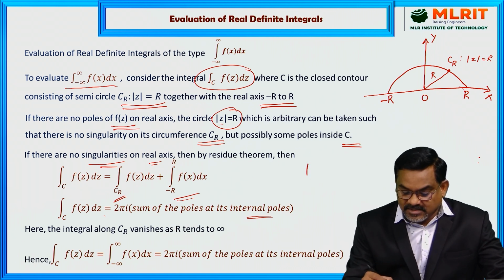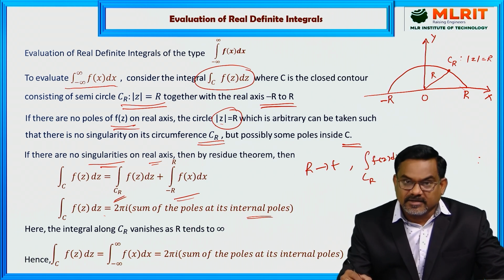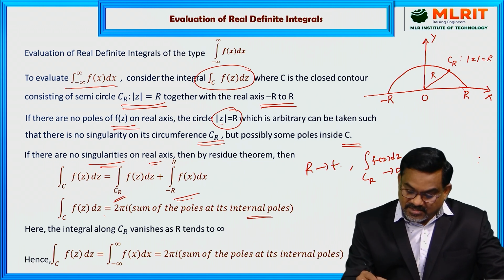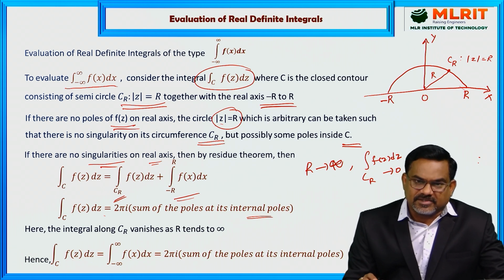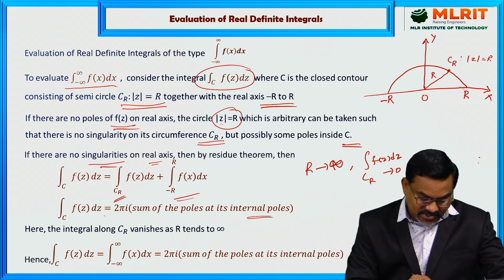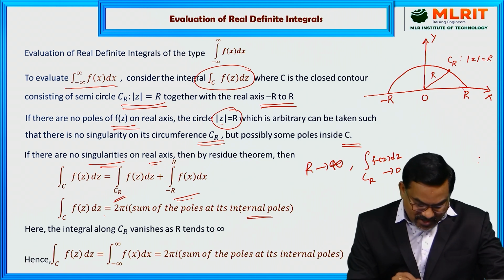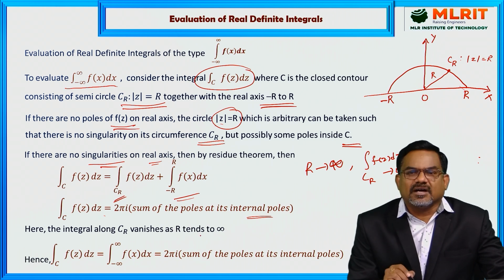So, as R tends to infinity, the line integral along CR of f of z dz tends to 0. So, the integral along C of f of z dz is simply 2 pi i times the sum of the residues of the function f of z within the curve C.